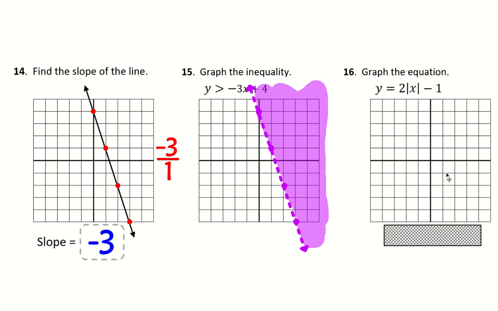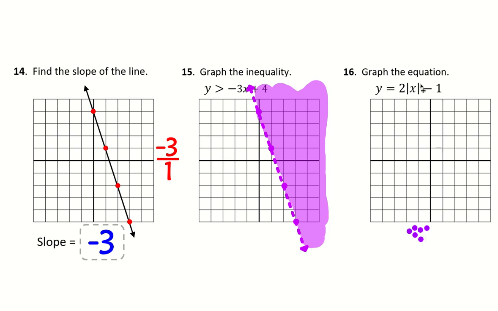You just got to look at this and go, all right, my parent function, when you compare to this, we got this -1 that would move the parent graph down 1, and this 2 out in front would affect the slopes of your lines. In fact, that number 2 would actually be the slope of your lines.